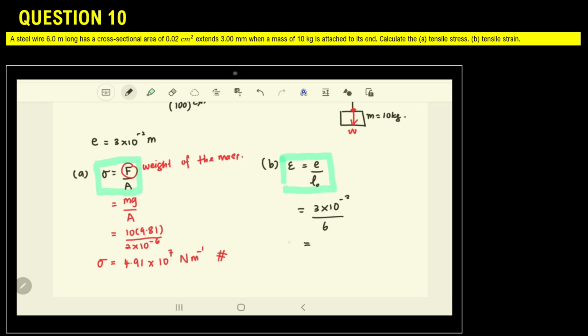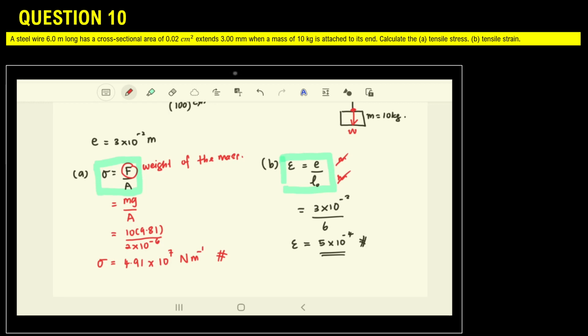Therefore, the tensile strain is equal to 5 times 10 power of negative 4. So, no unit, because elongation's unit is meter and length's unit is meter, so the units cancel. For the tensile strain, the answer is without any unit.